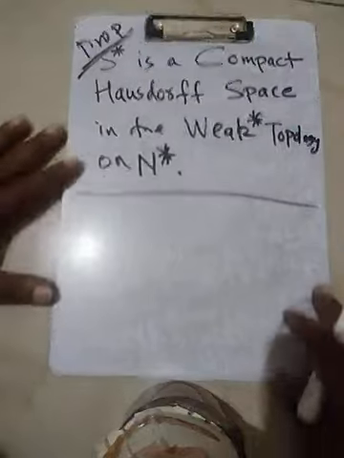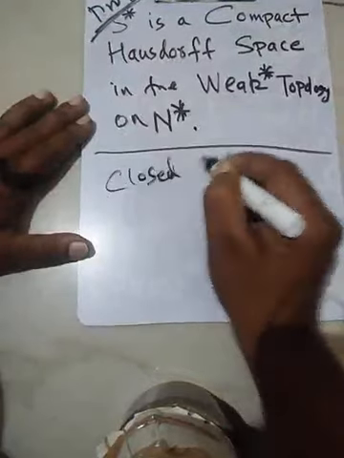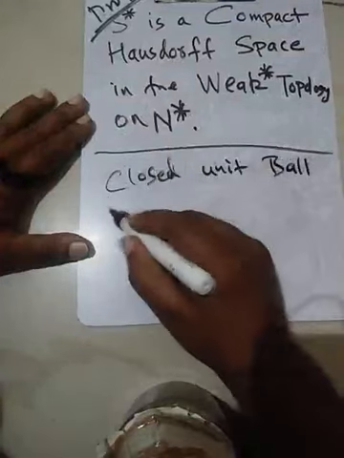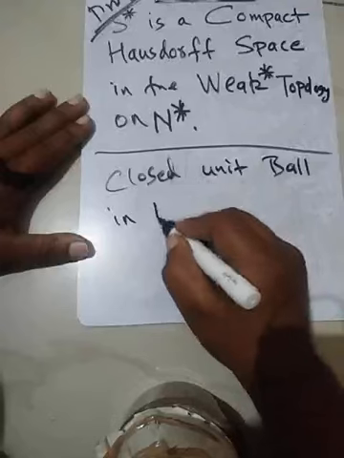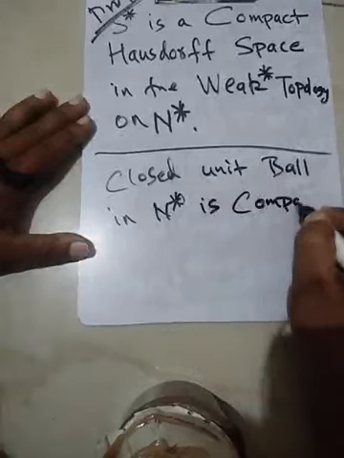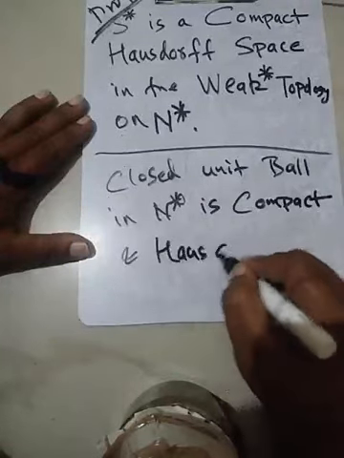So what we are trying to say is that the closed unit ball in N star is compact and Hausdorff.